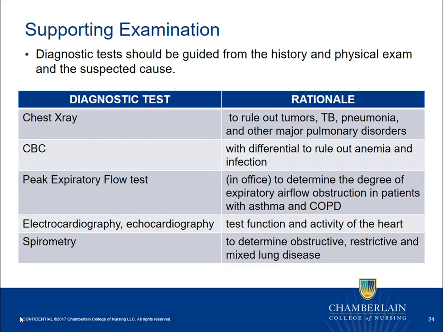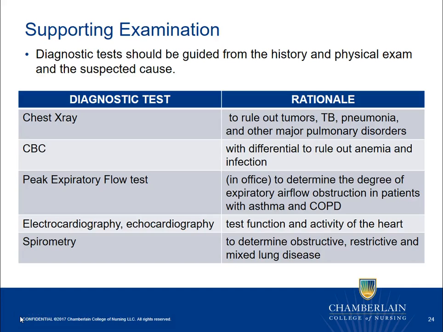Clinical step 3. Diagnostic tests should be guided from the history and physical exam and the suspected cause. Diagnostic tests: chest x-ray to rule out tumors, TB, pneumonia, and other pulmonary disorders.